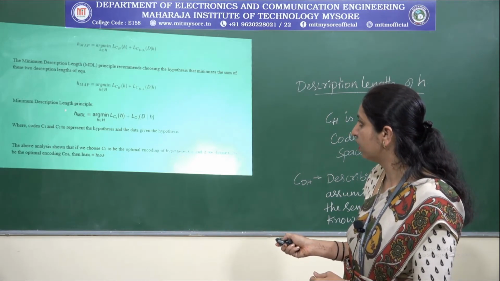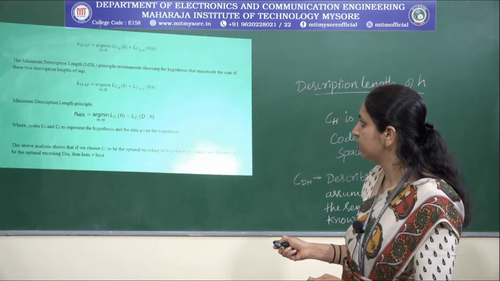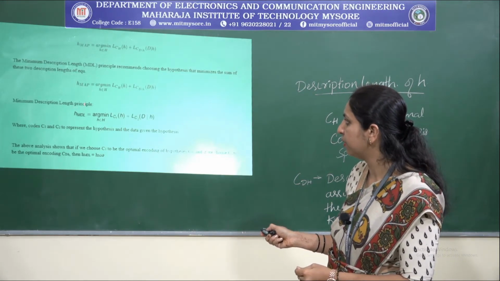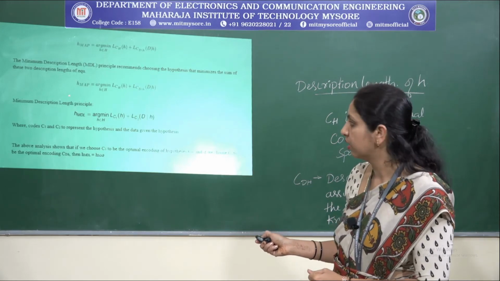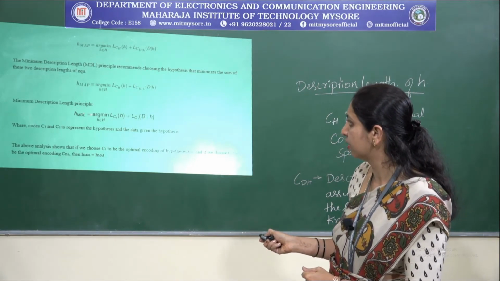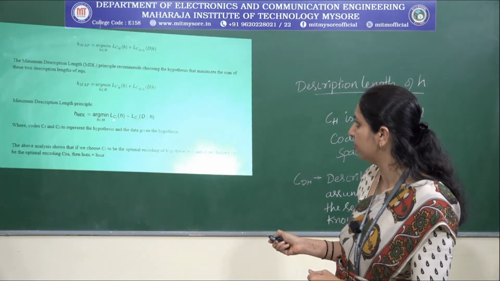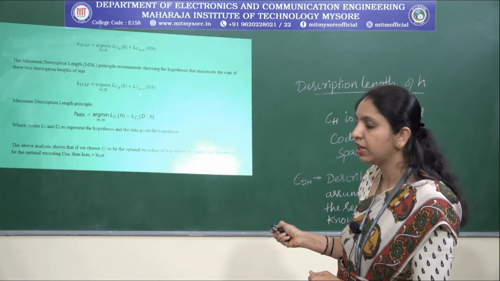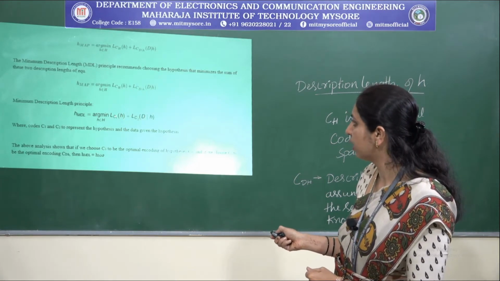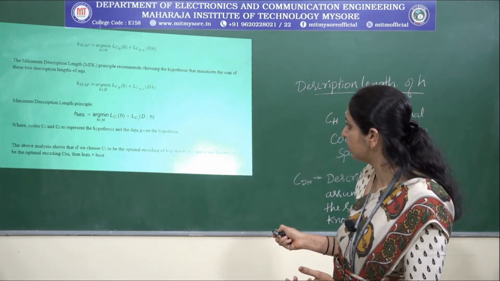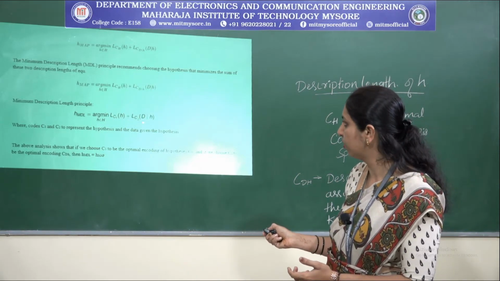So this is the principle. Finally we are going to have this equation, H_MDL. Instead of considering MAP, we can consider the hypothesis which indicates a minimum description length, equal to argmin of L(C1). Instead of calling it C_H and then C_{D|H}, straight away we can have L(C1), because this gives one optimal code and the other one, C2, gives another optimal code.